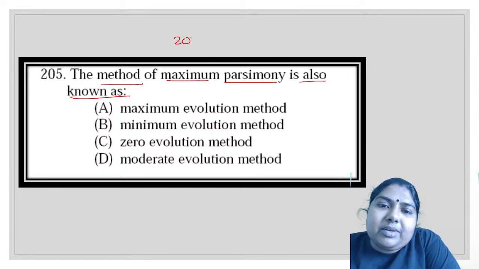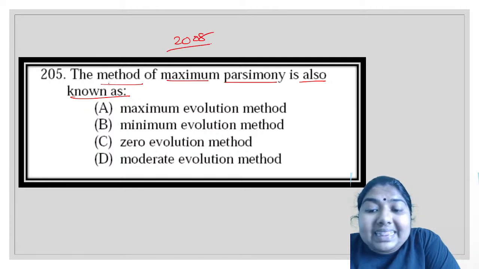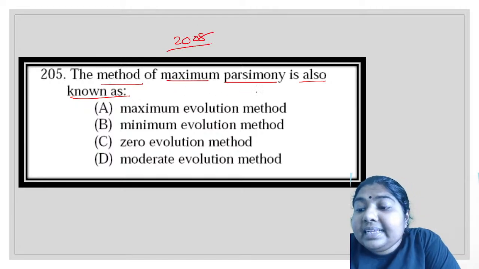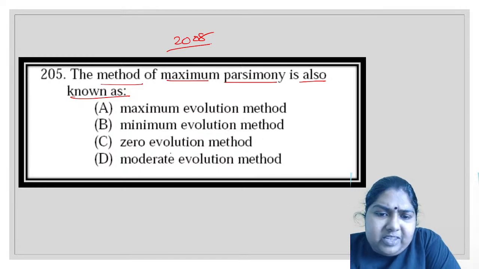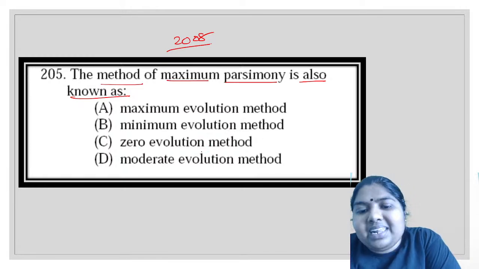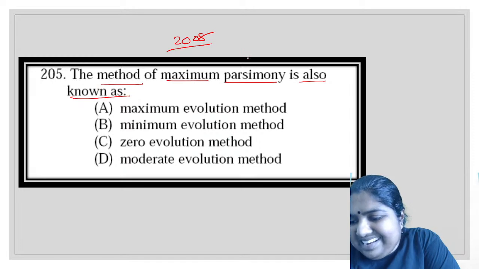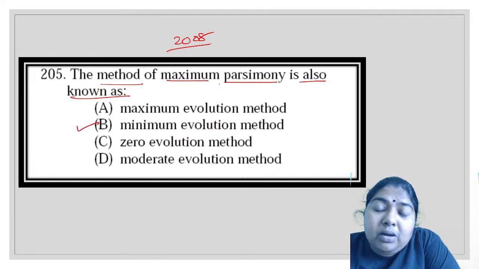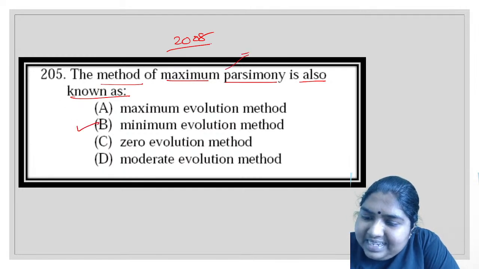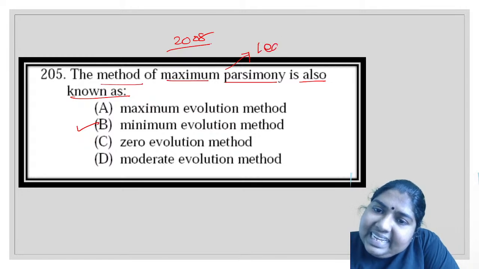How many questions are coming? My God. So the method of maximum parsimony is also known as maximum evolution, minimum evolution, zero evolution, or moderate evolution. Very good. So maximum parsimony means there is the least change.